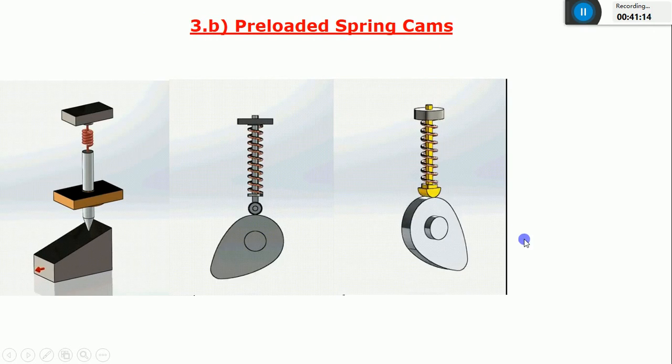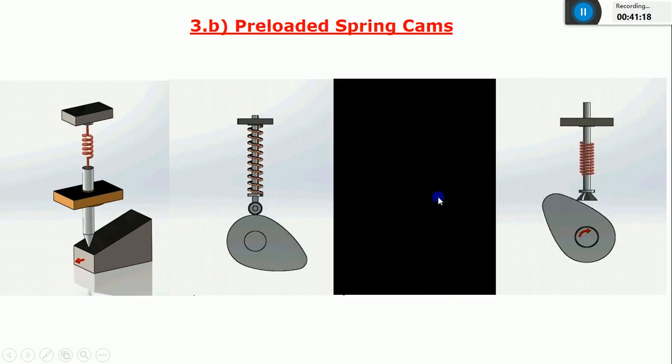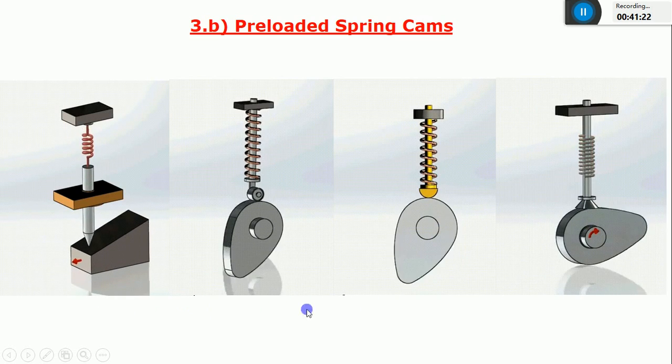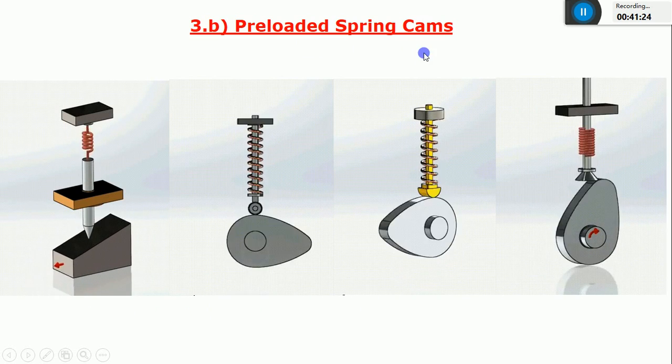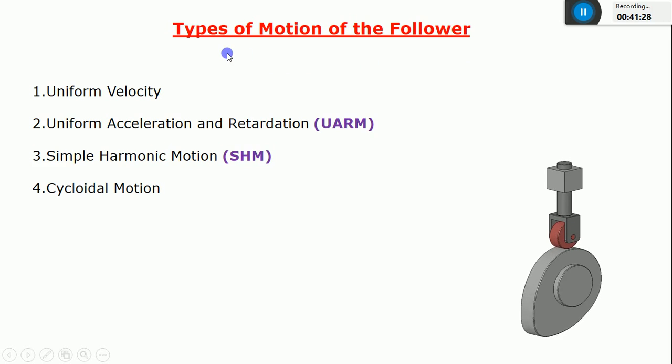It means with the help of a spring force, we maintain a contact between cam and follower. So all these four come under preloaded spring cams. If it is clear, I'll go with the last topic, that is types of motion of the follower. So please note down these four types of motion of the follower.